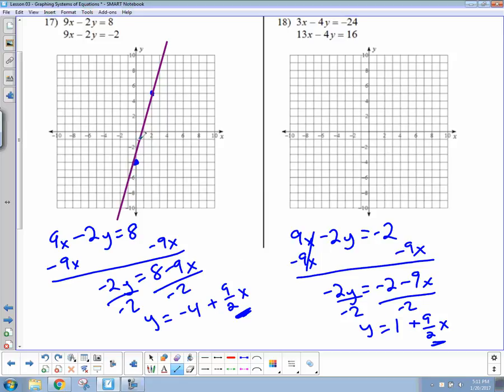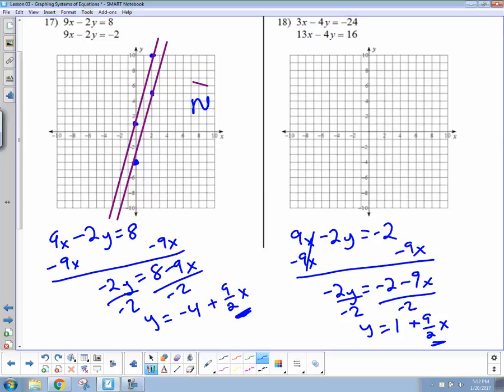Oh, forgot to change it to a pen. There we go. 1, 2, 3, 4, 5, 6, 7, 8, 9. 1, 2. And again, on your paper, these lines are probably going to look really close together. But again, doesn't matter. They're parallel. And again, where's the pen? No solutions.